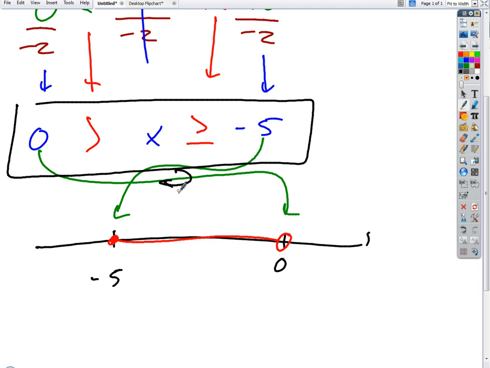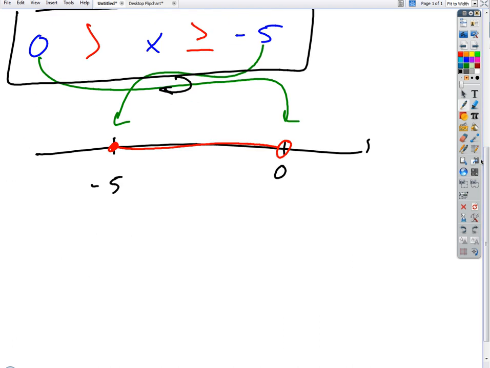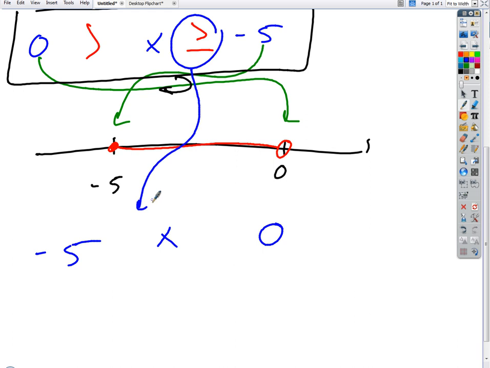Okay, good. So now look what it does. When I turn the glass around, now I've got the -5 over there. I've got the 0 up there. And I got the x in the middle. But now the inequality signs all get flipped, right? So this greater than or equal to is between the x and the -5, but it gets flipped around, right?